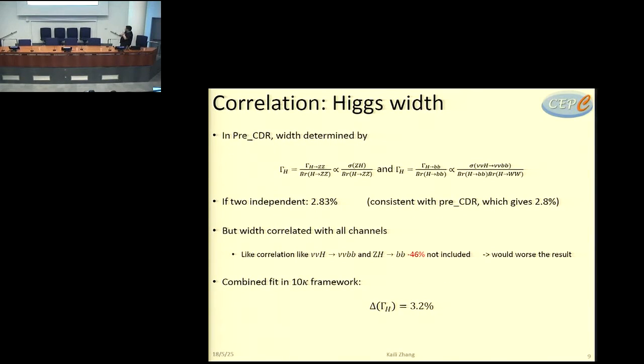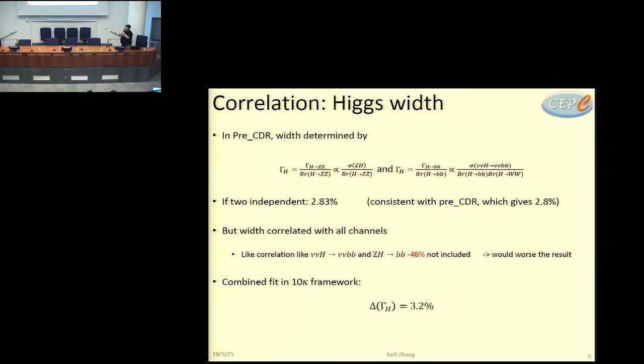And here in slide 9, I will introduce the correlation of the Higgs width. In the pre-CDR, we can see that the width is determined by these 2 formulas, the Higgs to ZZ process and the WW fusion Higgs to bb process. If these 2 processes are independent, we can get the precision of the Higgs width of 2.8%, which is equal to the pre-CDR result.